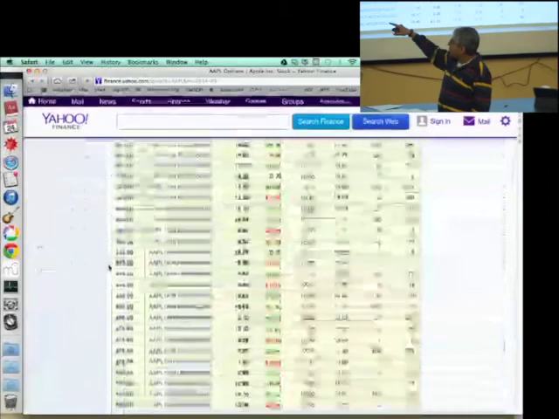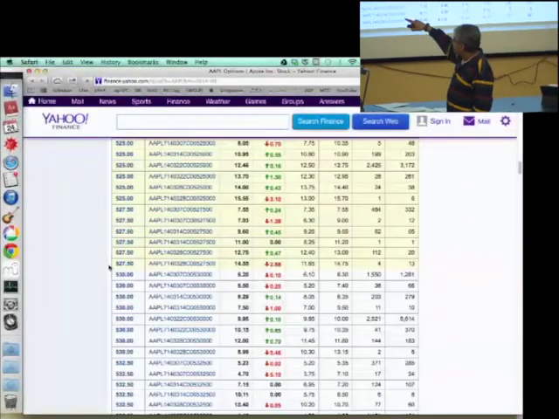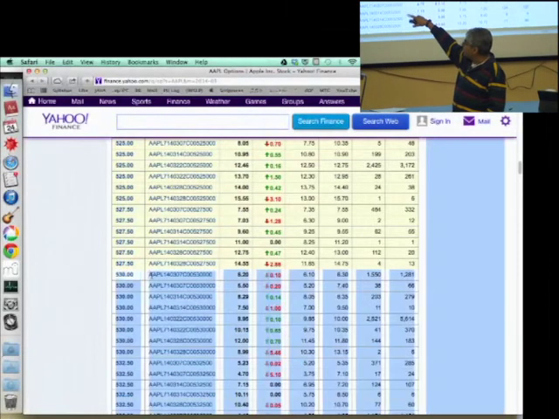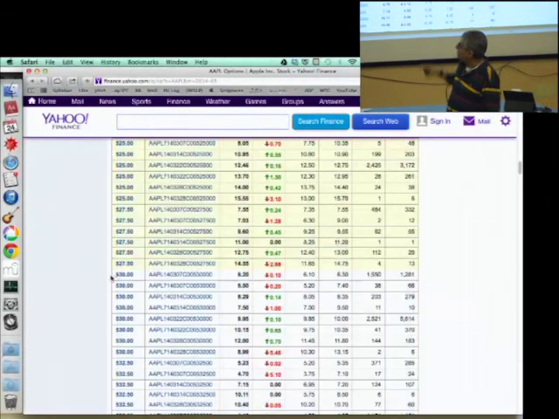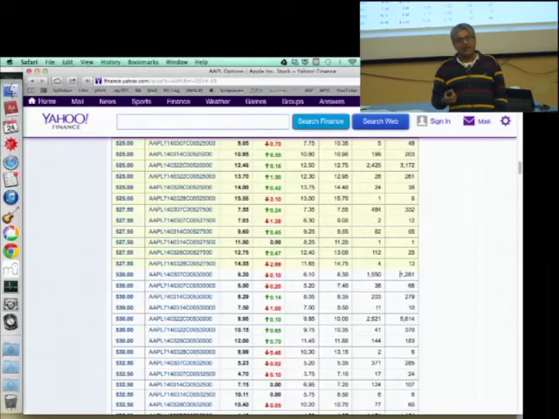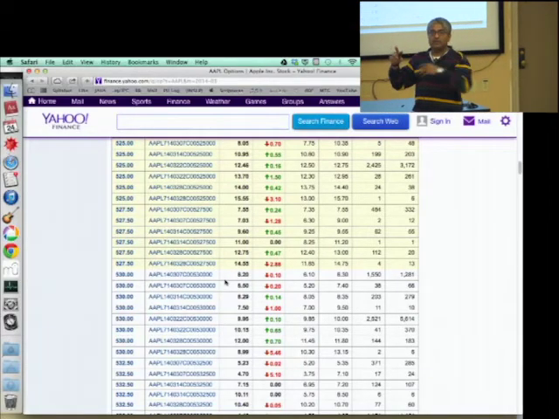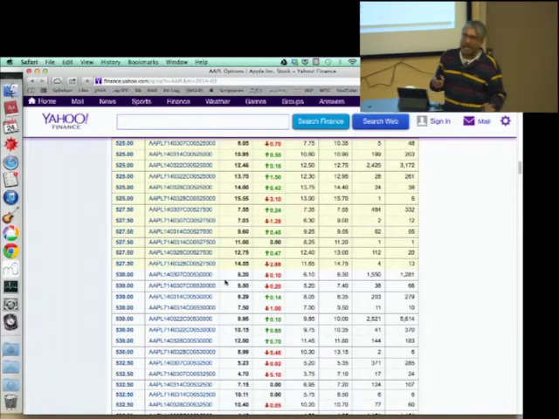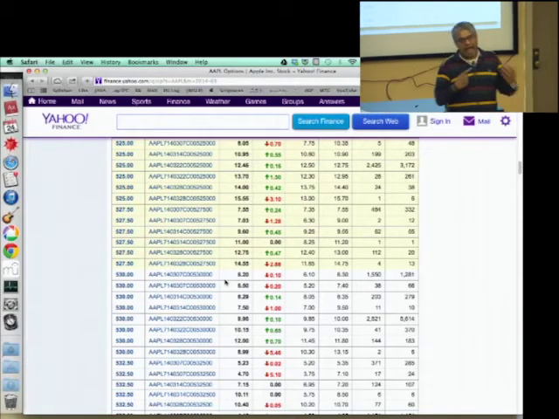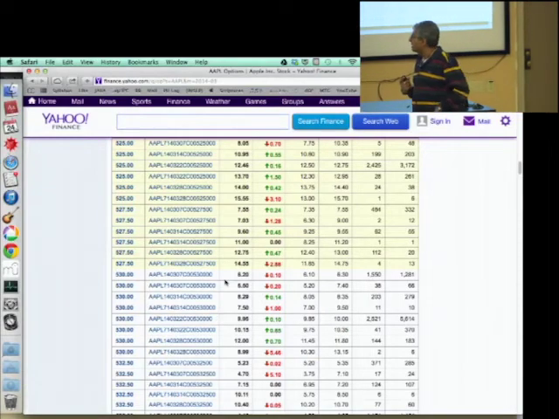Okay, so when you go to 530, look, there's a lot of action. The last column that you can't read anymore is the number of contracts outstanding. That means those are the contracts that are still out there. People have not either sold them back or exercised them for stock. That'll tell you the action on a particular strike option.